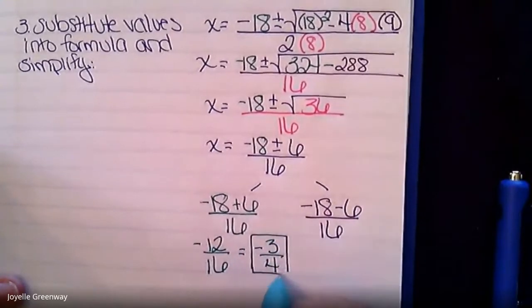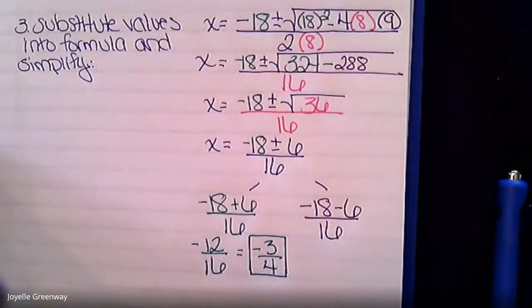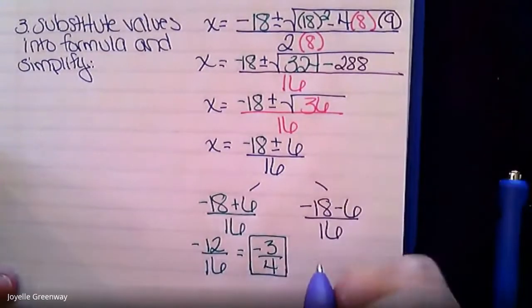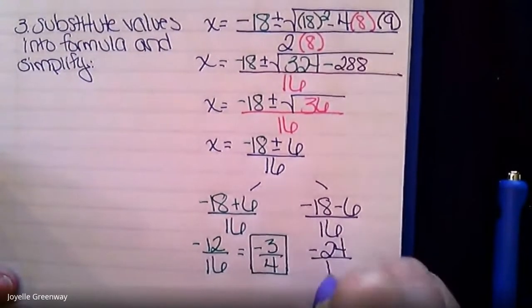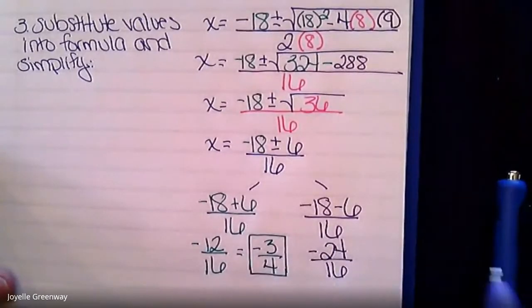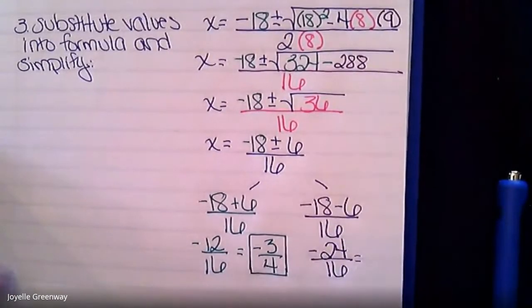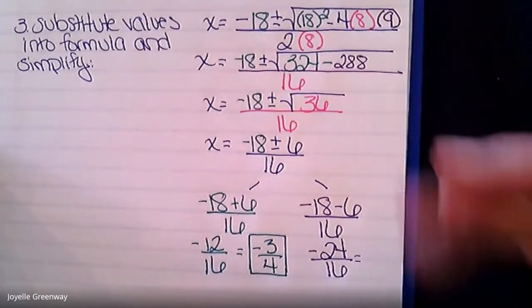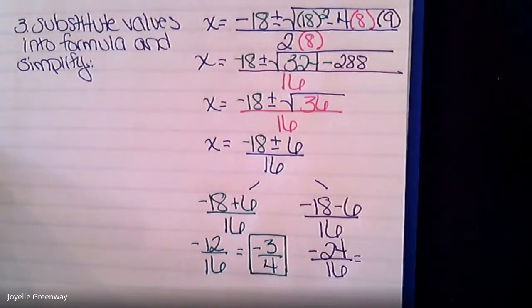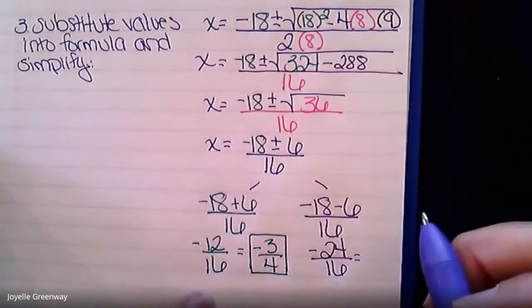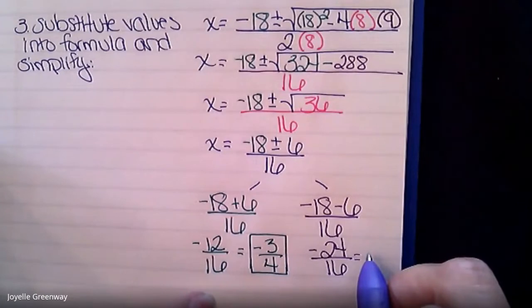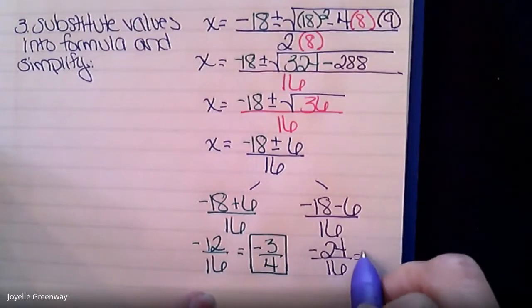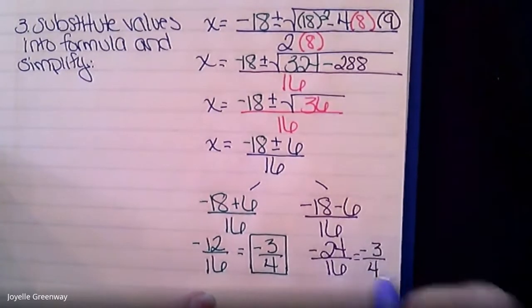So that's one root. And then negative 18 minus 6 is negative 24, and that's over 16. So negative 24 over 16 can also be simplified further. So if I divide both of those by 8, I get negative 3/4.